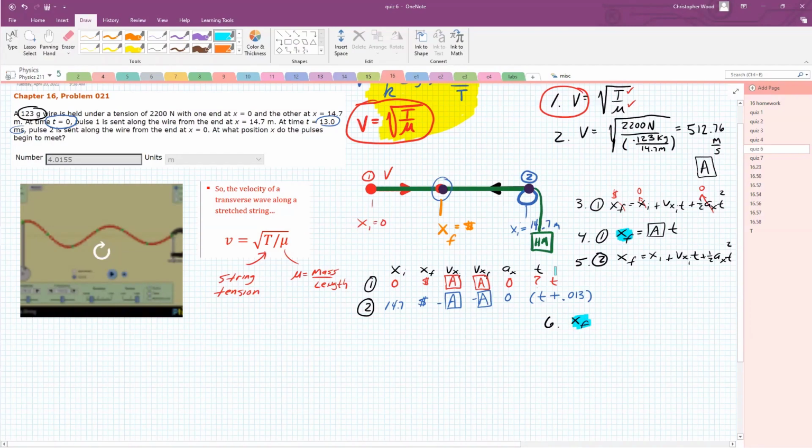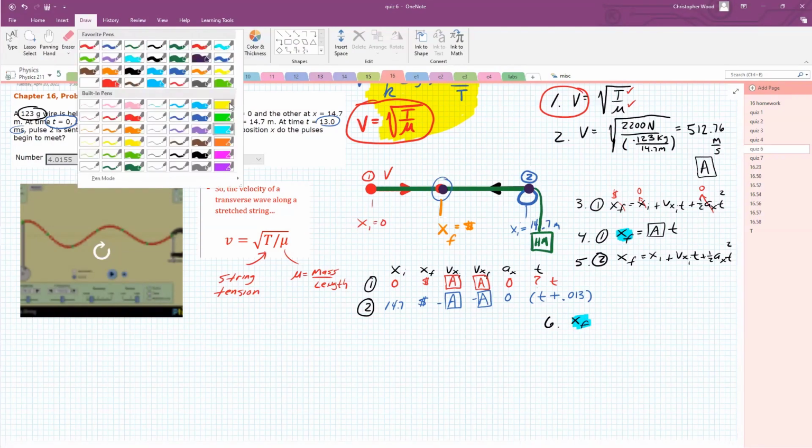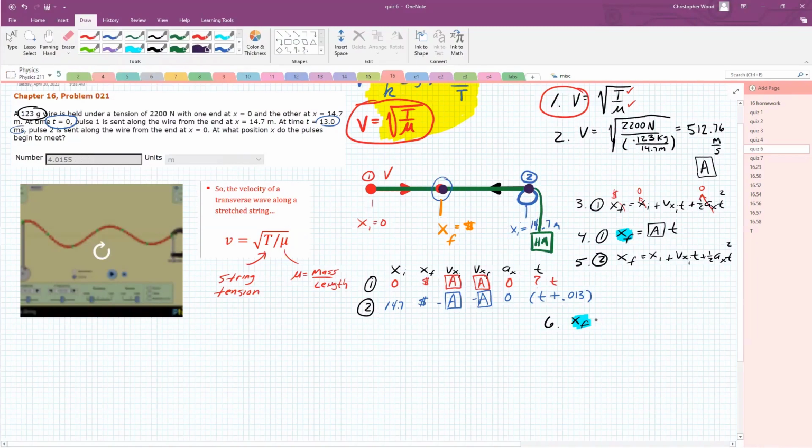So that's the linkage. Time doesn't link them, but position links them. All right, so X final equals X initial, which is 14.7, plus VX initial, which is negative A times time T, plus 0.013.